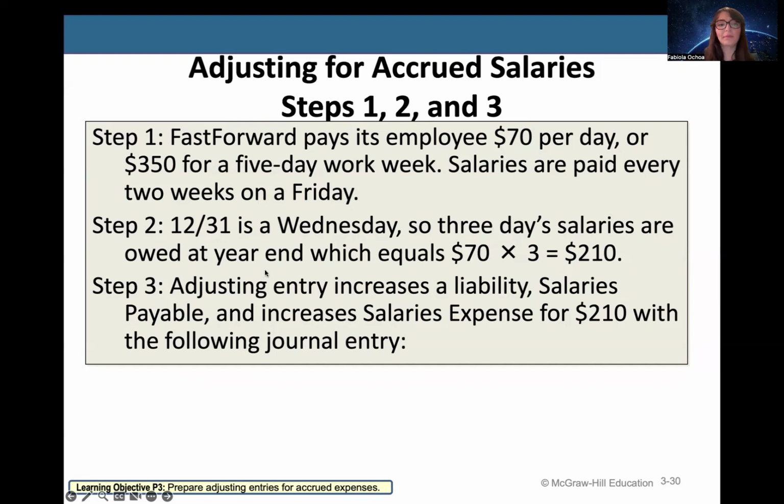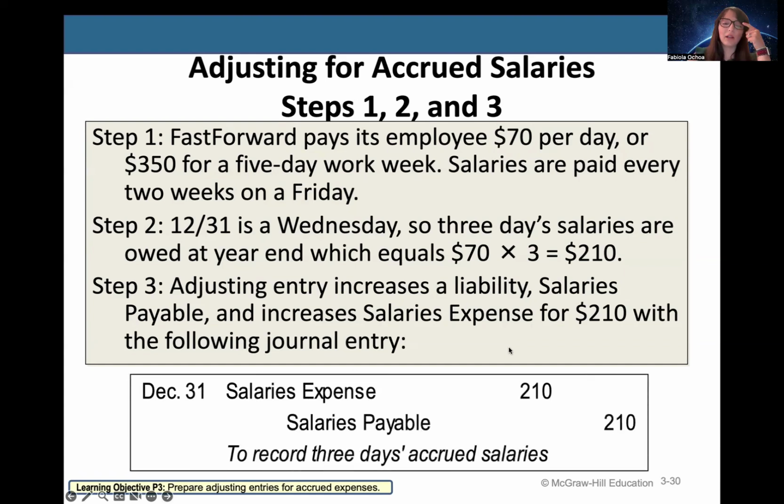Okay. Step 3, adjusting entry increases a liability, salaries payable, that is a liability, and it increases your salaries expense for $210 with the following entry. You debit salaries expense to make your expense balance go up because expenses have a normal debit balance.